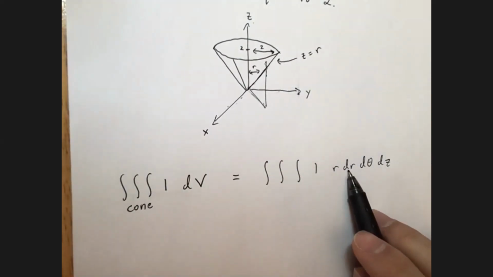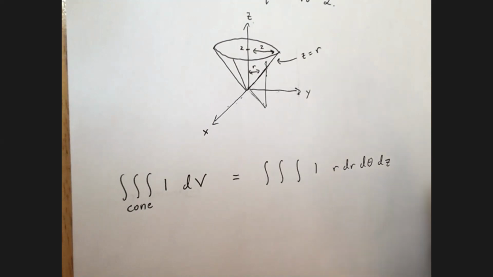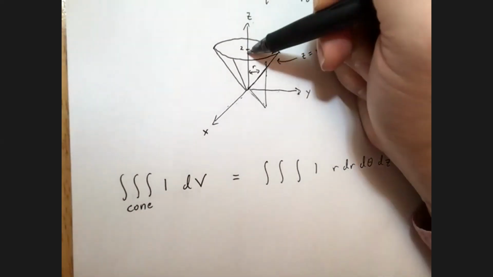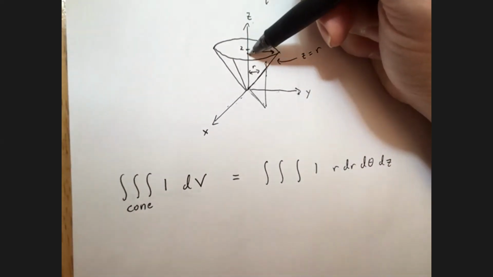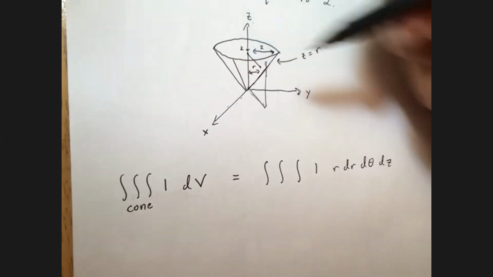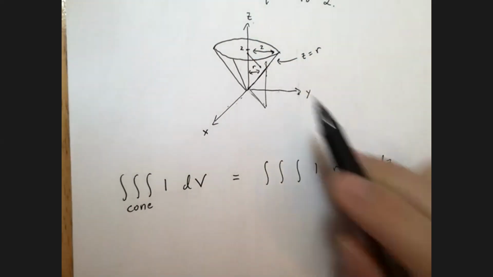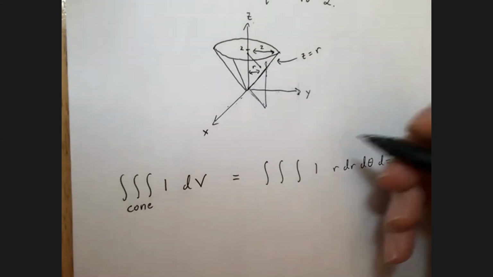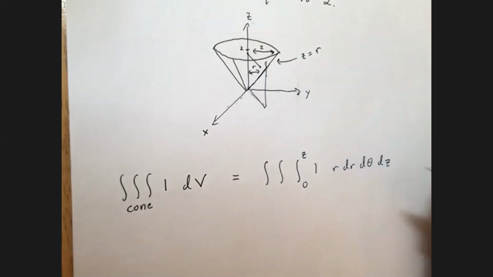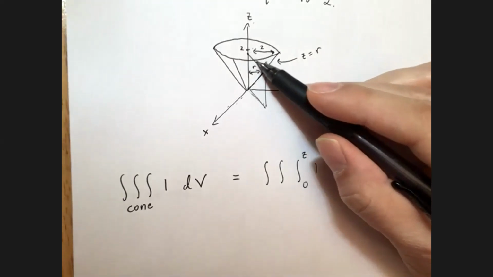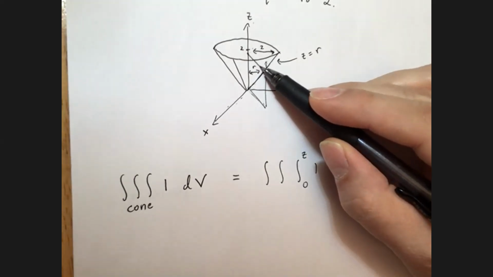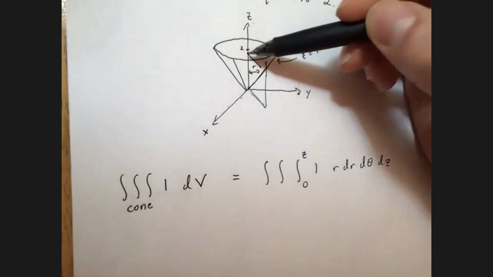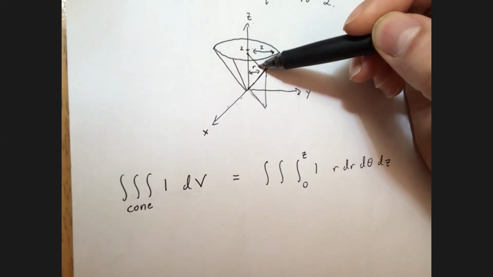What does r range from? Well, r starts at 0 and comes out until we hit the cone, right? But as we said, the cone is given by z equals r. So r goes from 0 to z. Whatever my height was, that's exactly how far I have to go out until I get to the cone.